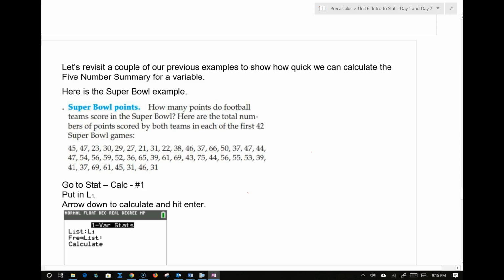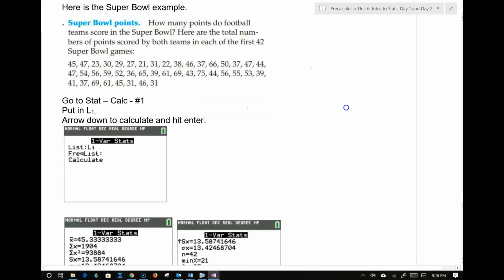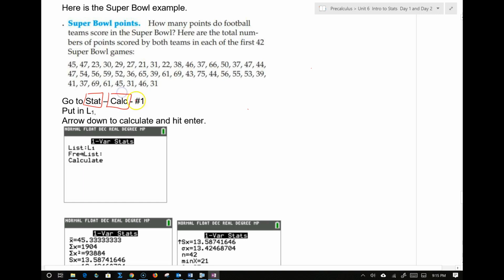So we're going to find the 5-number summary from our Super Bowl example on your calculator. Here's what you need to do first. First you go to your stat key, which we worked with. Instead of going to edit, you're going to go over to calc, and then you go to number 1, and it should say next to number 1, 1-Var Stats, one variable statistics.